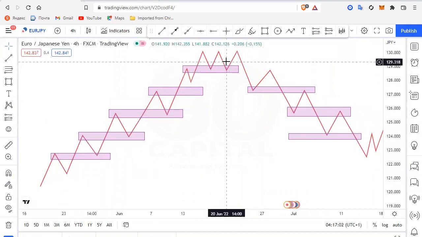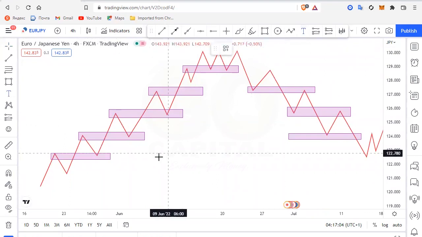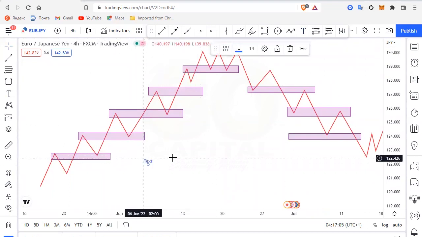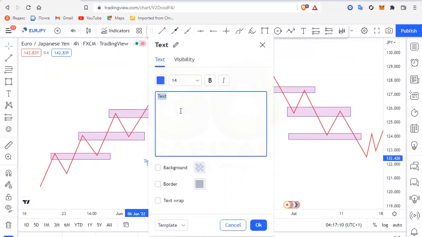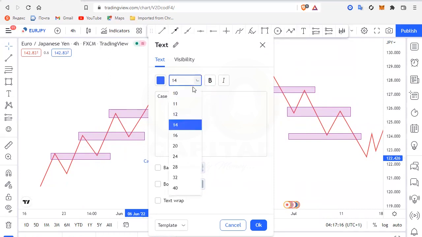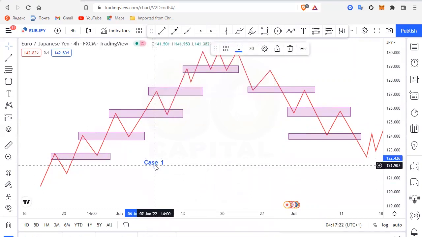So let me start to label these charts. Case 1. Are you with me? So let me make it really bold so you can see it. All right, so this is case 1.